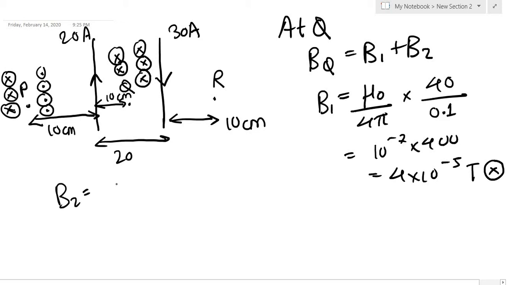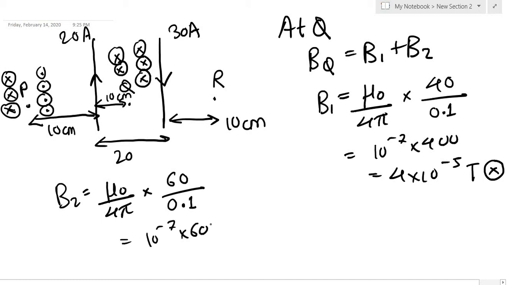Do the same for B2 now. Mu naught by 4 pi times 60 over, again the distance is 0.1 meters. So 10 to the power of negative 7 into 600 is equal to 6 into 10 to the power of negative 5 Tesla, and it will penetrate.